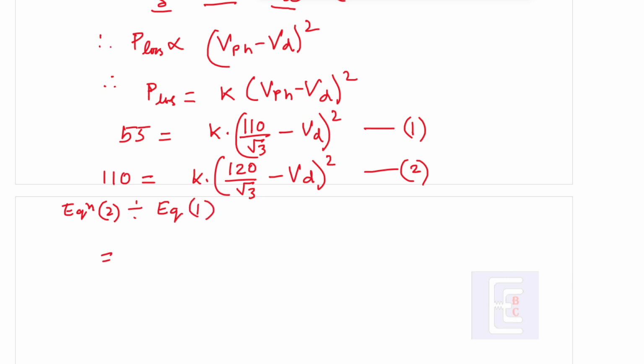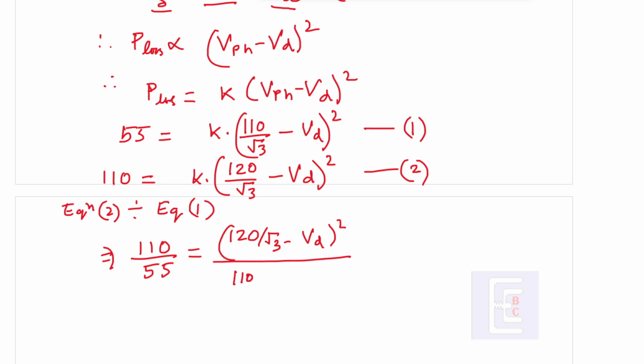Now if you do equation 2 by equation 1, what we will get? 110 by 55 should be equal to 120 by root 3 minus VD whole square, over 110 by root 3 minus VD whole square. If you solve this, you will get VD is equal to 49.57 kV.